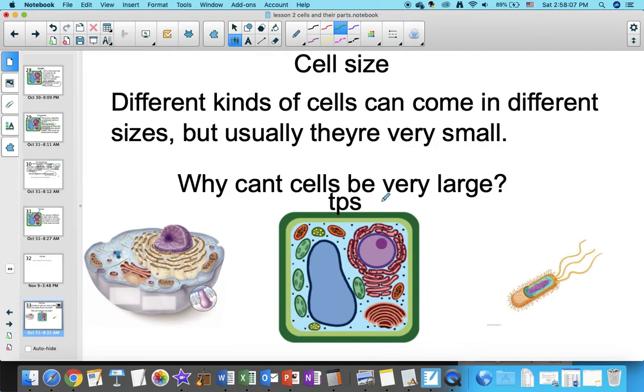So different kinds of cells can come in different sizes, but usually they're very small. So why can't cells be very large, right? Now we did have that one exception where we had that 5 centimeter cell, but why can't cells, single cell things, be as big as a person or an elephant?